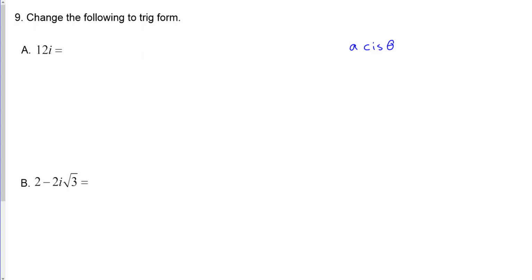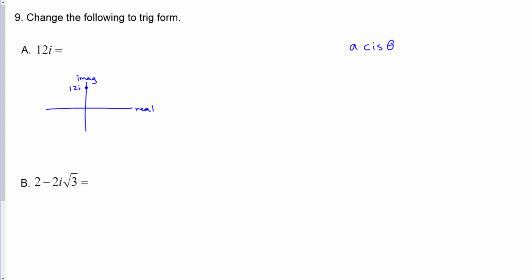You can rely on things like x equals r cosine theta, y equals r sine theta. Or we could just, like 12i, if I plotted that out, this is my real axis, this is my imaginary axis. So 12i is on the positive imaginary axis.